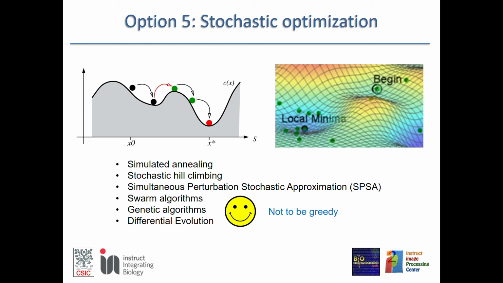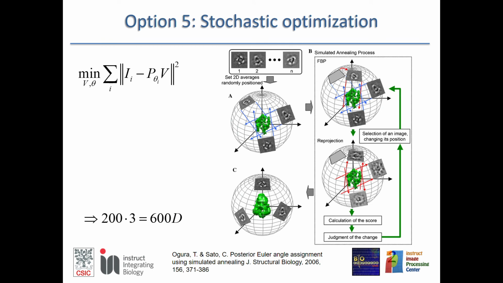So in practice, sometimes they also get trapped into local minima. But they have been very successful, and I would say this is currently the trend. One of the first algorithms proposing that was this one of Ogura and Sato. And the idea was very simple.